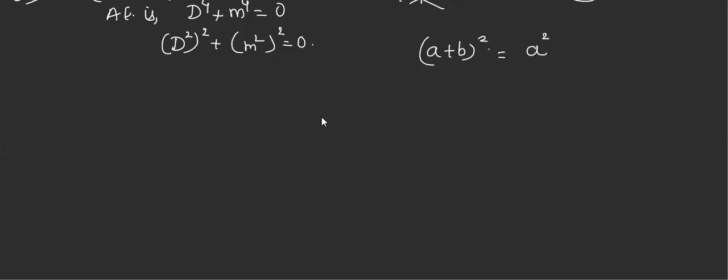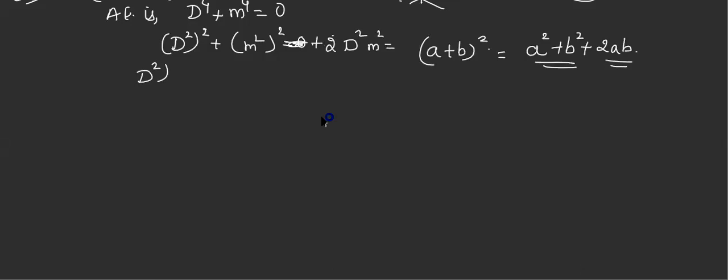See, a plus b the whole square is a square plus b square plus 2ab, correct? So I have these two, I don't have 2ab. So let us add it. So d square the whole square. For this step, I'll add 2ab here. What is my a? D square. So 2d square m square.